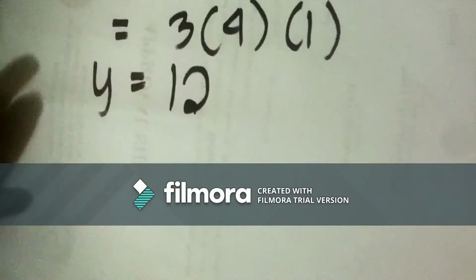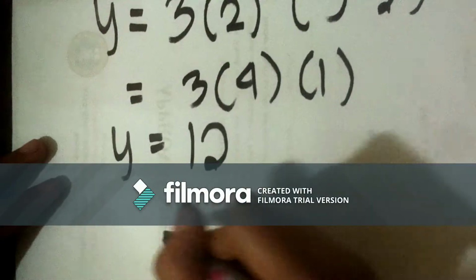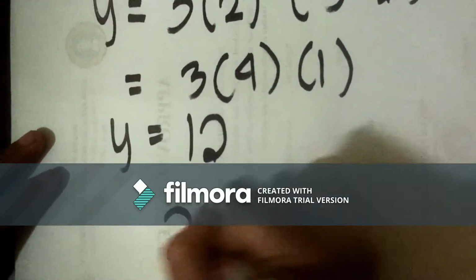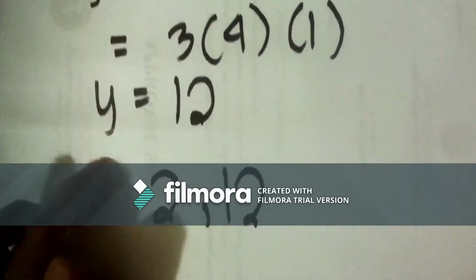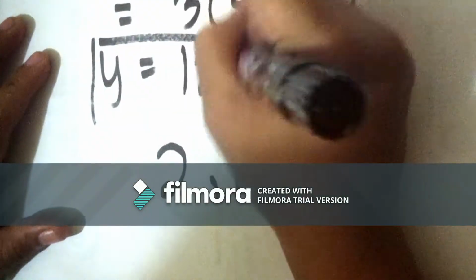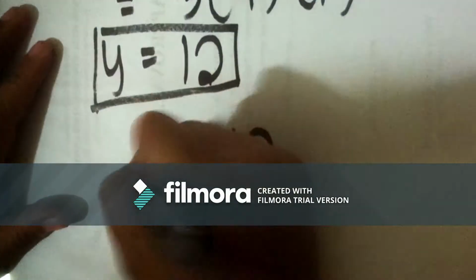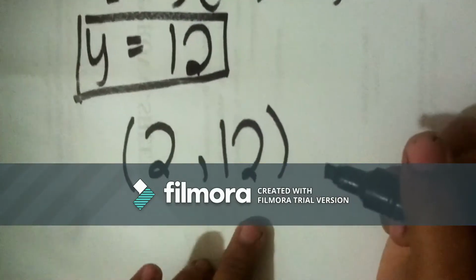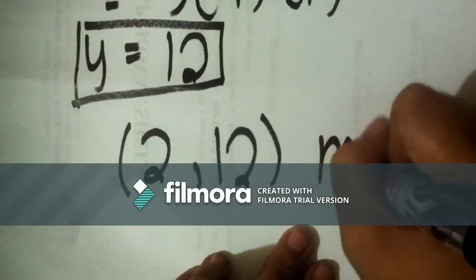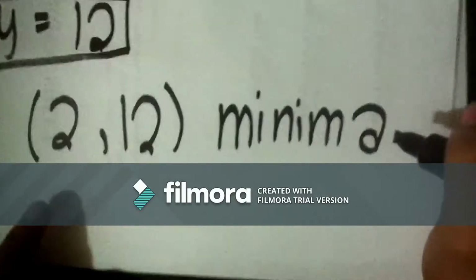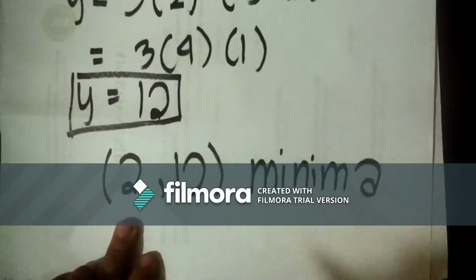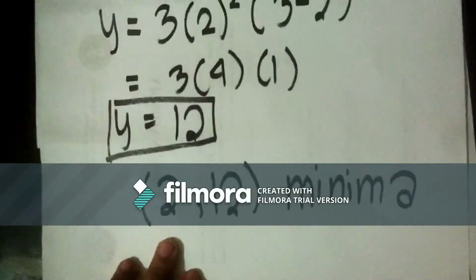So our coordinates are 2 and 12, since our y here is 12 and our x is 2. So our coordinates are (2, 12), and it is a minima given that the x here, or 2, is positive.